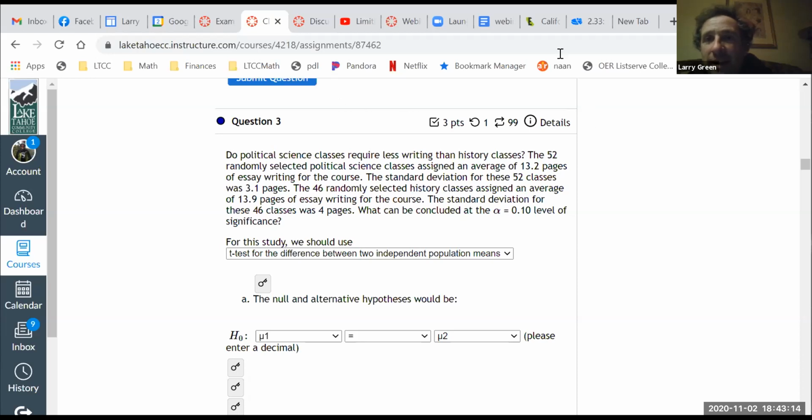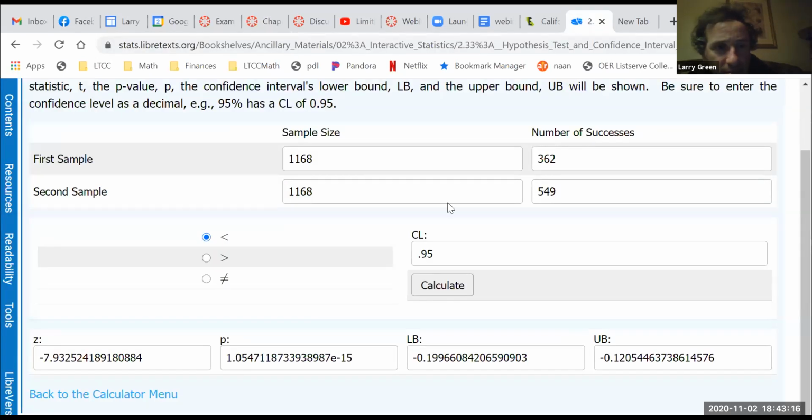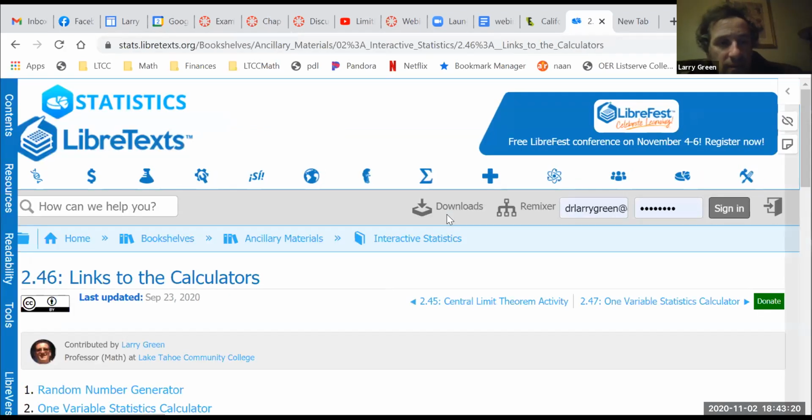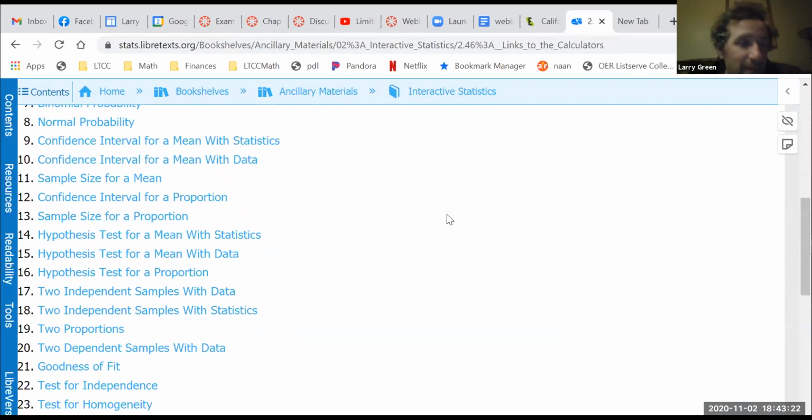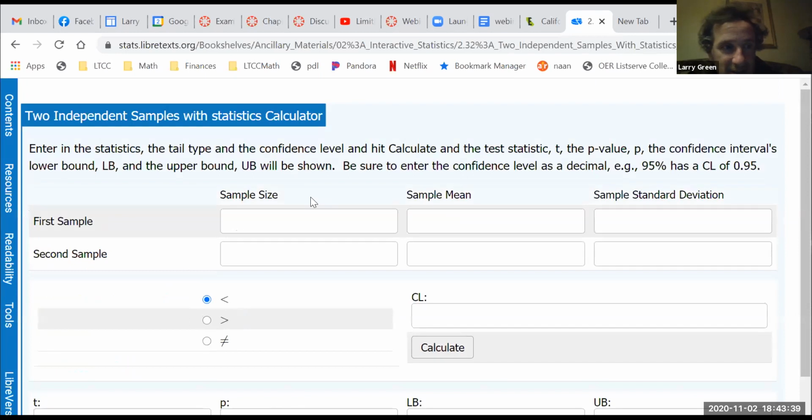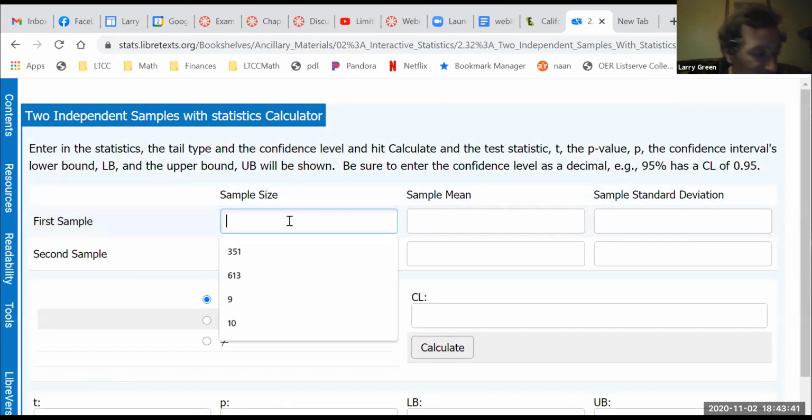All right, let's go back to the calculator. Yeah, this one's 18, 2 independent samples with statistics. So our first sample size was 52.